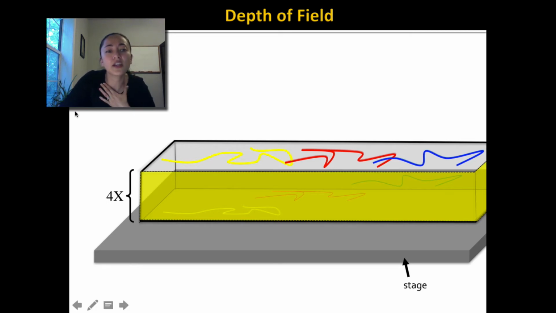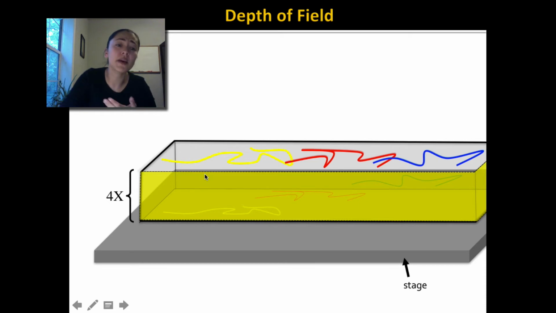So if you look here, I'm at a low magnification, 4 times magnification, and this is an image of the stage and the slide. I have 3 threads layered on top of each other. Blue is on top, red is in the middle, and yellow is on the bottom. And as you can see, in the low magnification, all 3 threads are in focus.